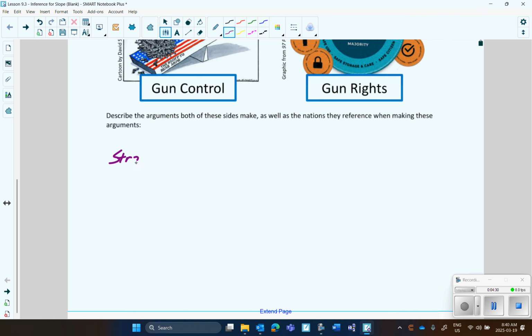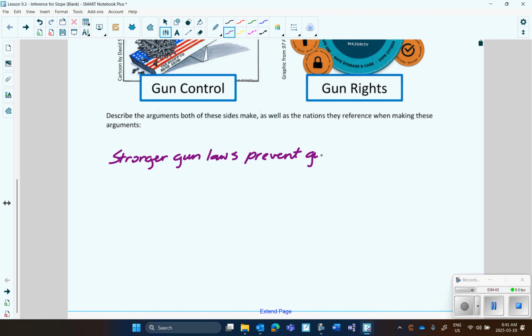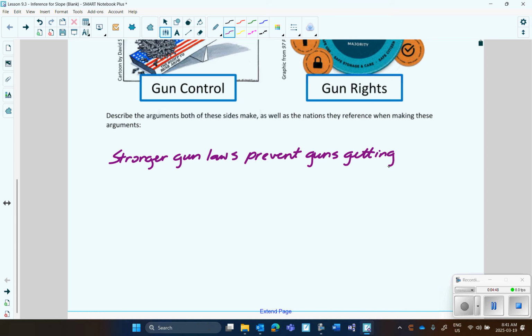Stronger gun laws prevent guns getting into the wrong hands, therefore preventing gun violence.